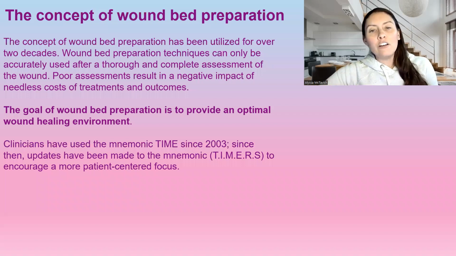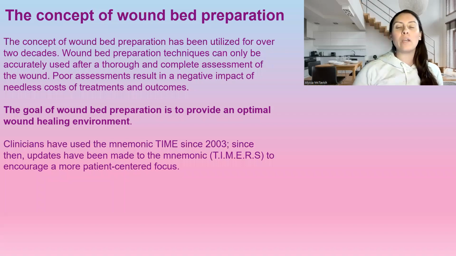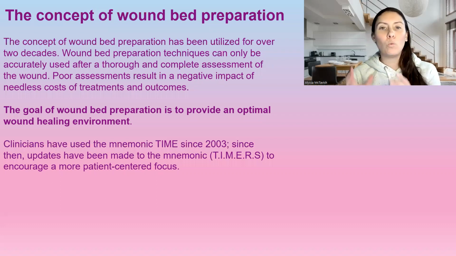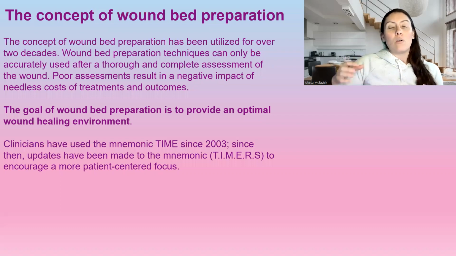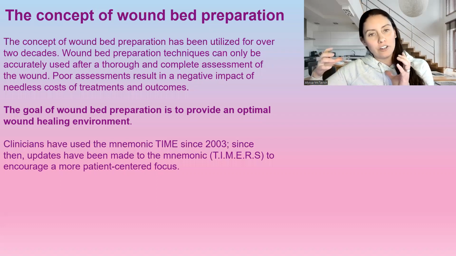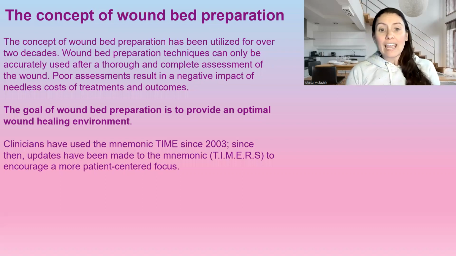So to identify wound healing barriers, we need to be doing a thorough and complete assessment of each wound, and it does need to be done on a weekly basis, okay? If we're not completing a good assessment, it's going to have a negative impact on the wound.